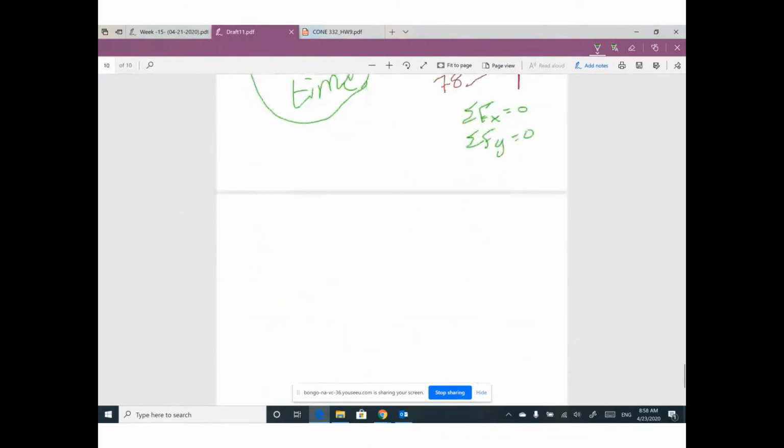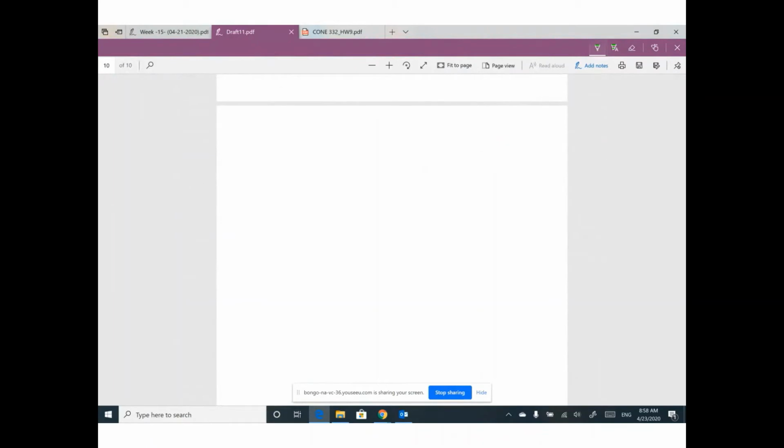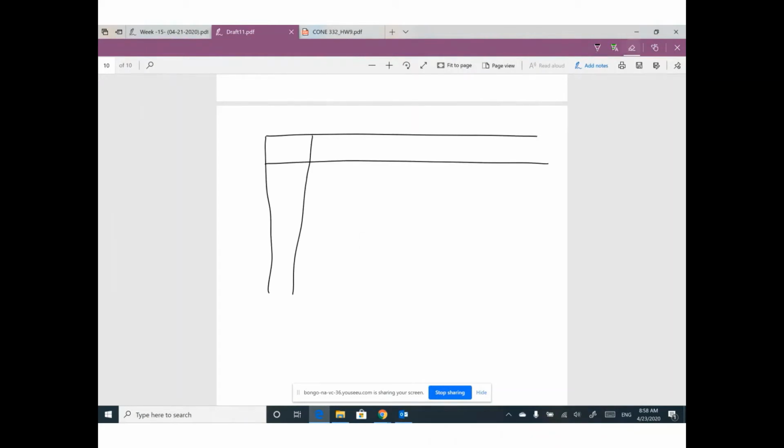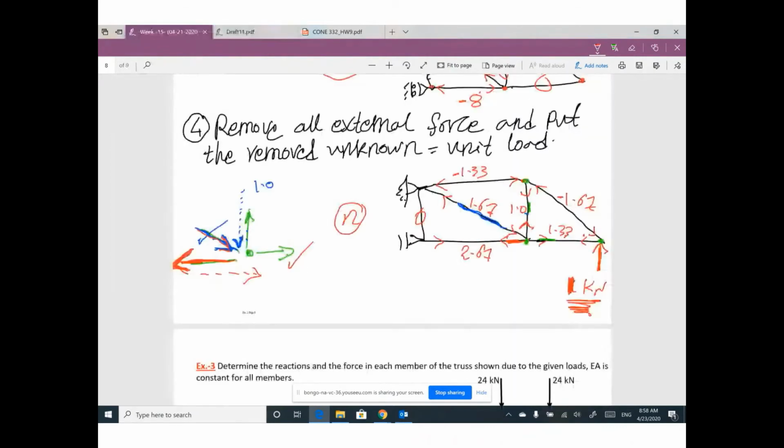last step, which is the easiest step, we need to set up a table. The first column in the table is the member. Please put all members, don't forget any. So what do you have?